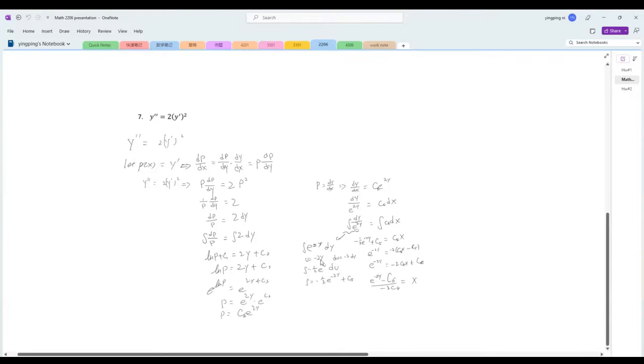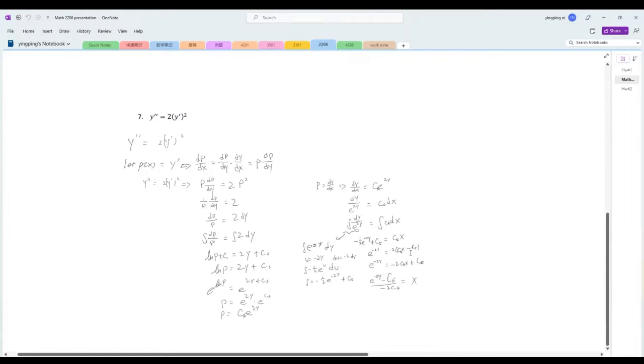Move e to the 2y to the left side and integrate both sides. We can use substitution to get negative 1 over 2 times e to the negative 2y plus c5 equals c4 times x. Then e to the negative 2y equals negative 2 c4 x plus a constant.